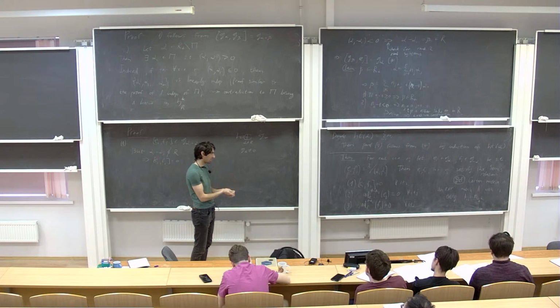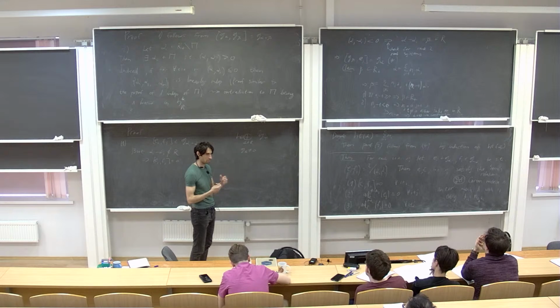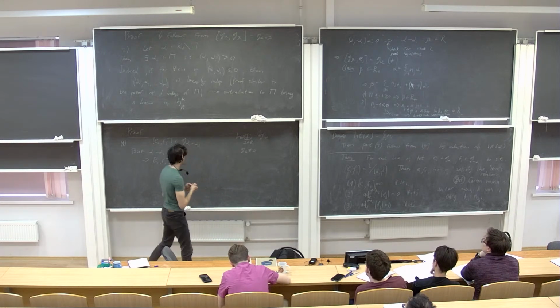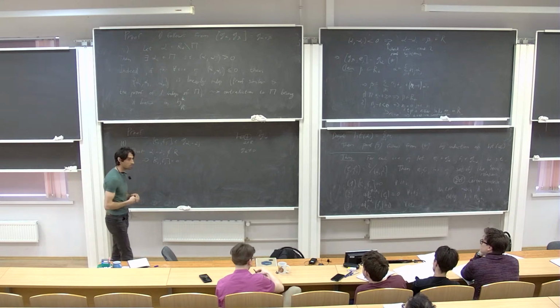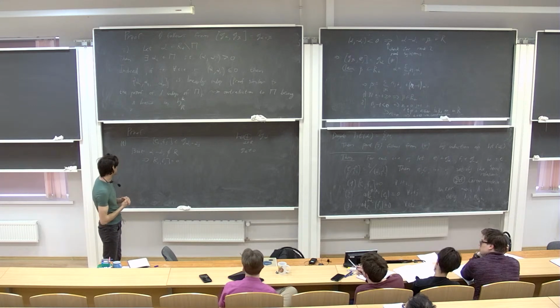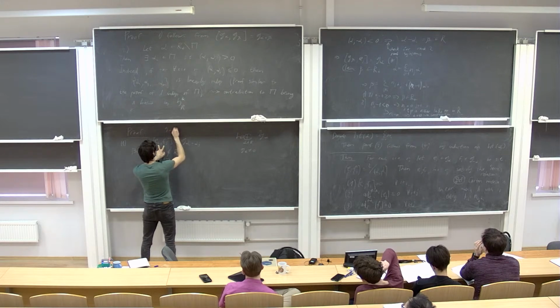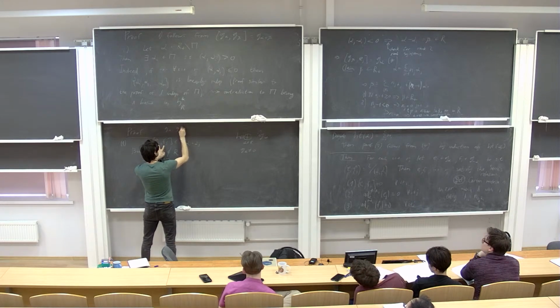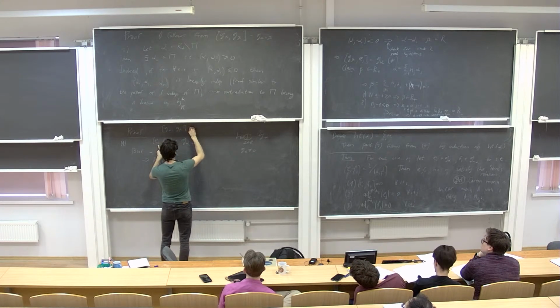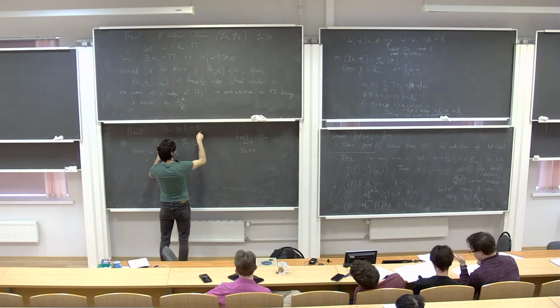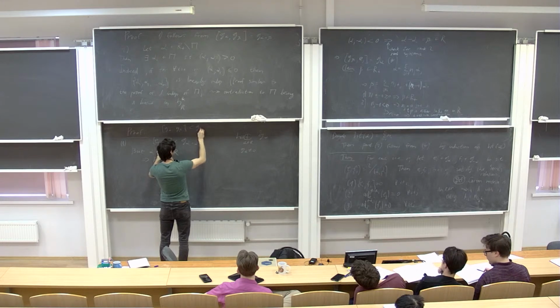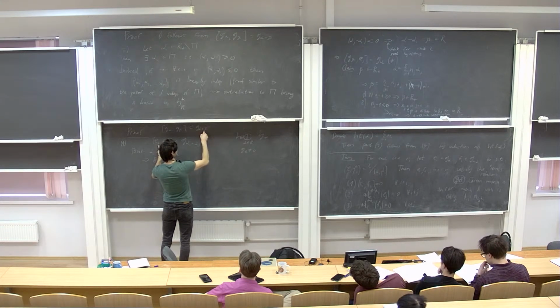If it is not a root, then g_alpha is 0. This is something we discussed: the commutator of g_alpha and g_beta equals g_{alpha+beta} only if this is a root.